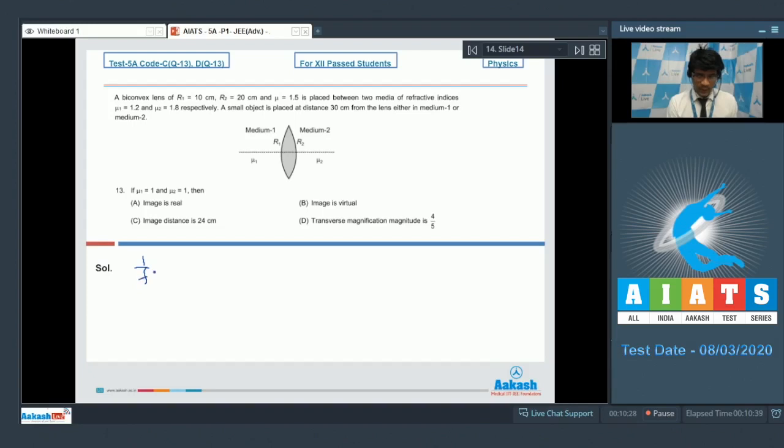So 1 by f would be equal to mu minus 1. Mu was 1.5, that means 1 by 2, 1 by r1 minus 1 by r2. Taking the sign convention, I would say 1 by 10 plus 1 by 20, or it is 3 by 20 into 1 by 2. So this is the value of 1 by f.